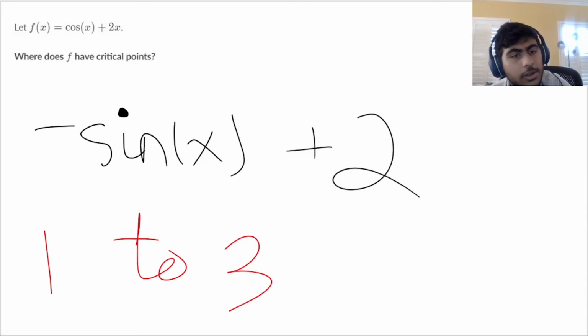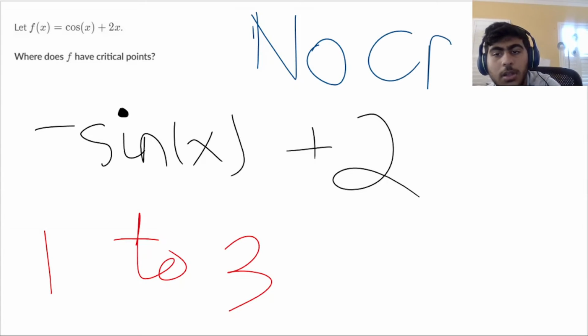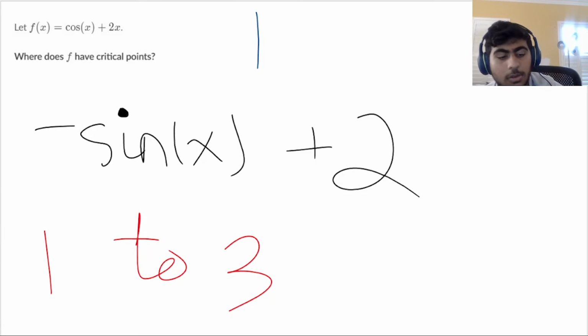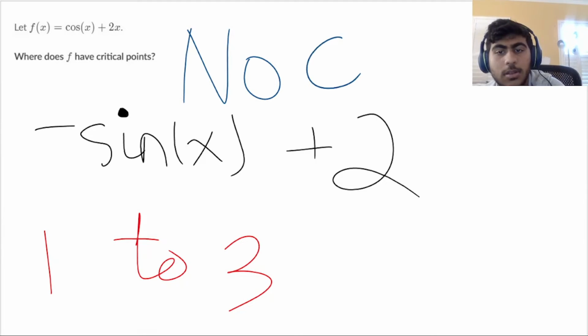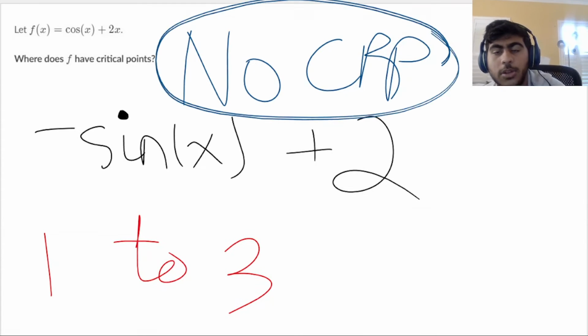So it's never going to go to 0. So they have no critical points. No critical points.